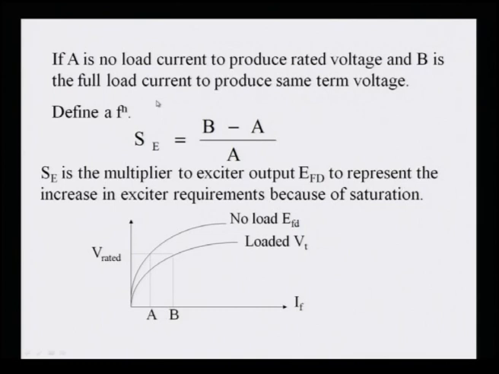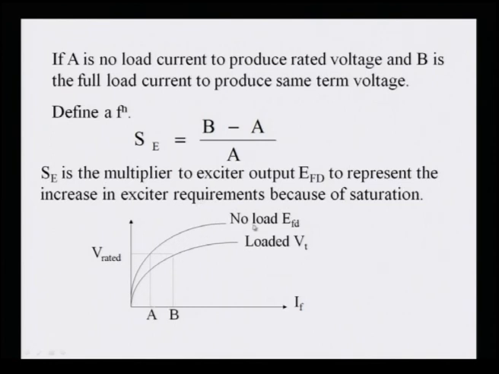Now, to include the saturation effect, as I said, the saturation function is defined as B minus A upon A, where A is the no load current which produces the rated voltage, and B is the full load current to produce the same voltage. So, this function is the multiplier to the excitation output EFD to represent the increase in the excitation requirement because of the saturation.